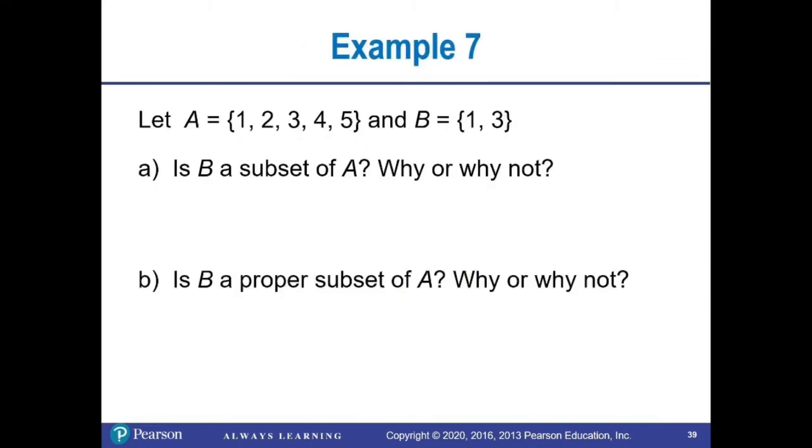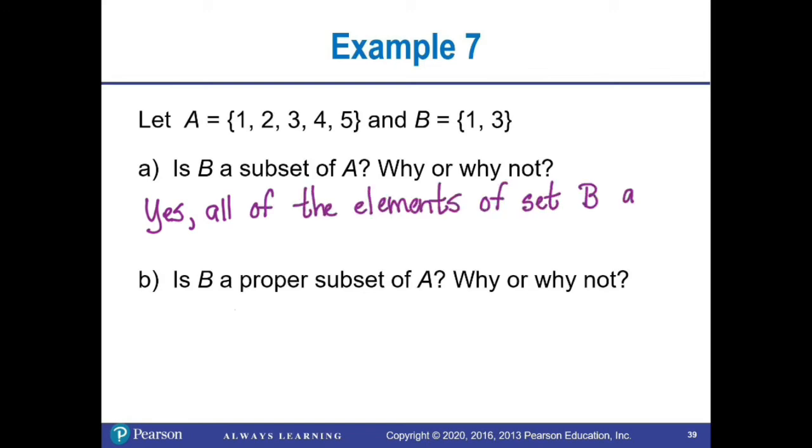We have set A is the numbers 1, 2, 3, 4, and 5. And set B includes the numbers 1 and 3. Part A asks, is B a subset of A? The answer here is yes, because all of the elements in B are also in A. Part B asks, is B a proper subset of A?